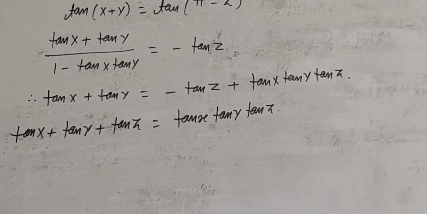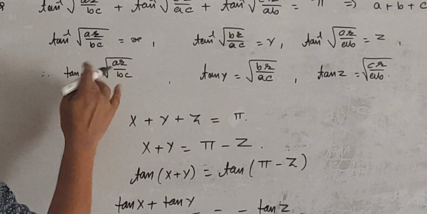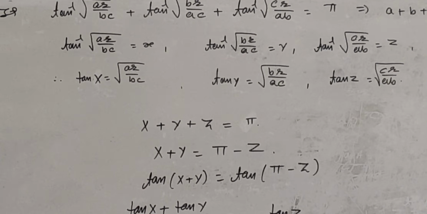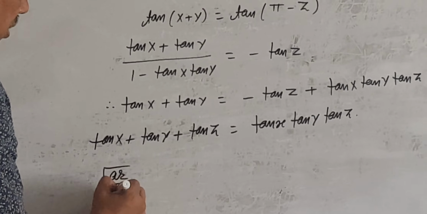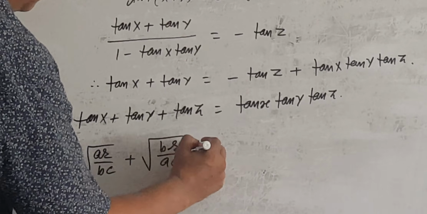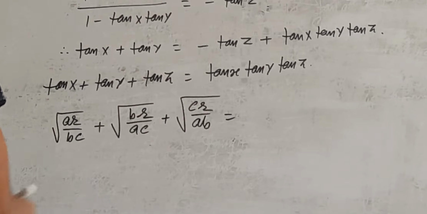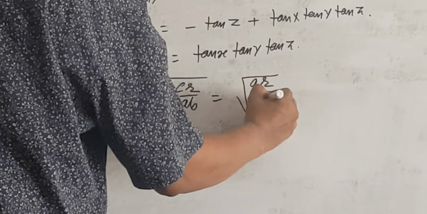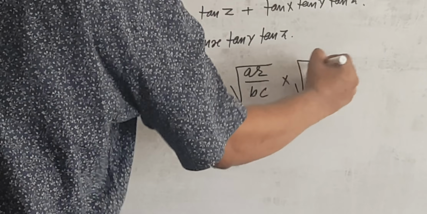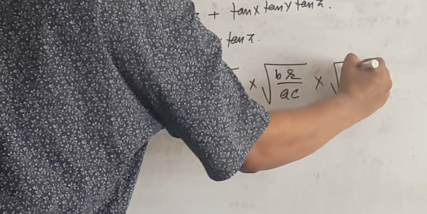We substitute the value. Now this is the important part. Tan x, x not alpha. Tan x is root AR upon BC plus tan y, root BR upon AC, plus root CR upon AB is equal to, so all are in multiplication form, root AR upon BC into root BR upon AC into root CR upon AB.